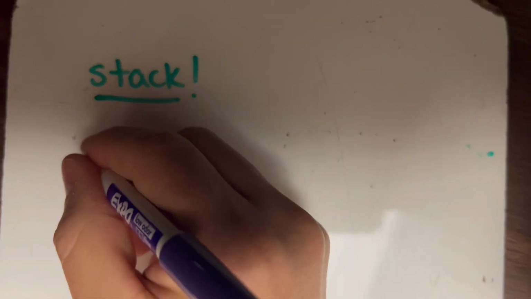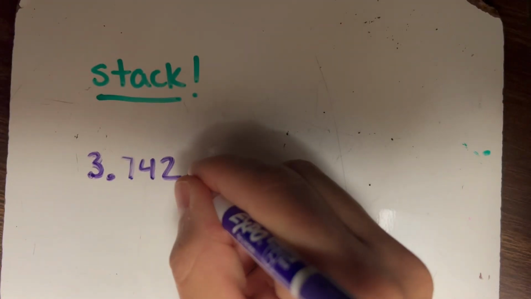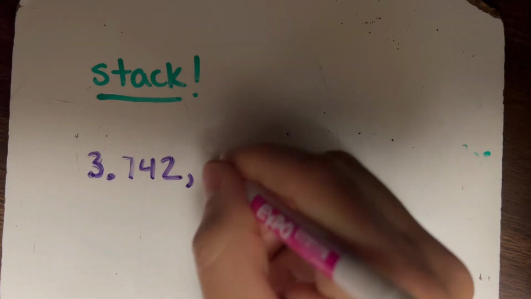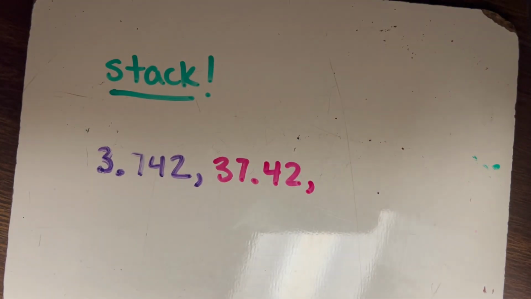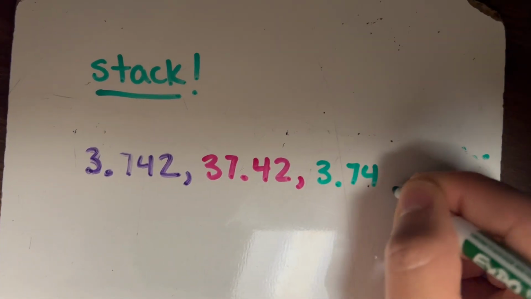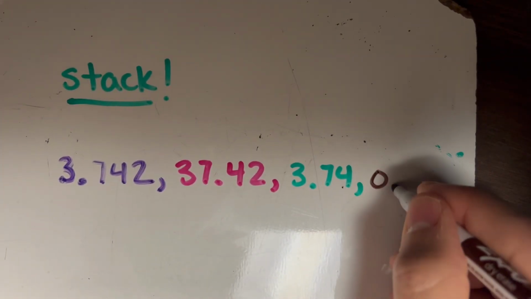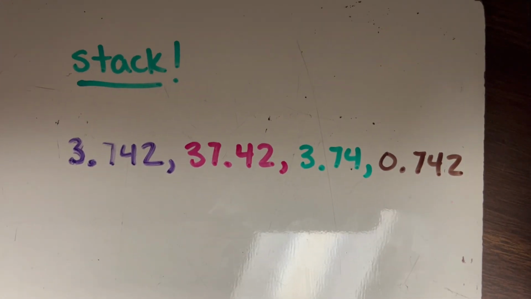And please write down the following numbers: 3 and 742 thousandths, comma, 37 and 42 hundredths, comma, 3 and 74 hundredths, comma, and one more, 0 and 742 thousandths.